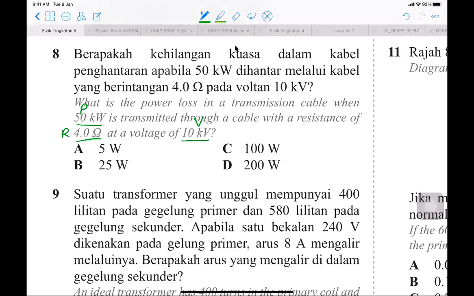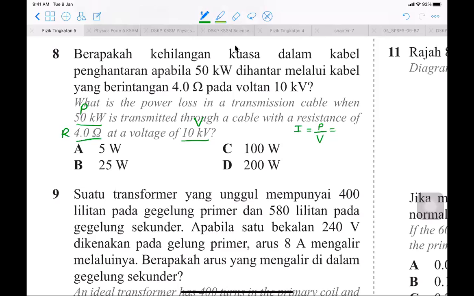So to get power loss, to calculate the power loss, first you have to find dia punya apa dulu kan, the current flowing by using P over V. P over V.